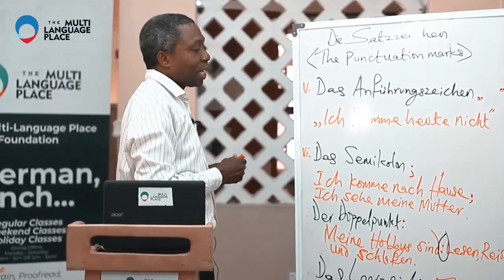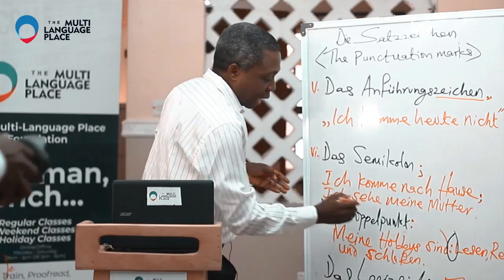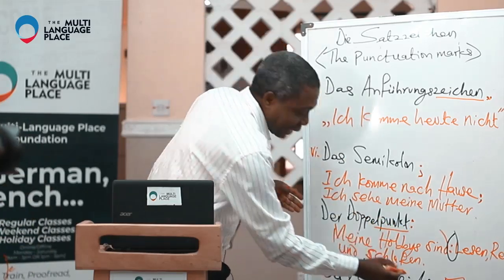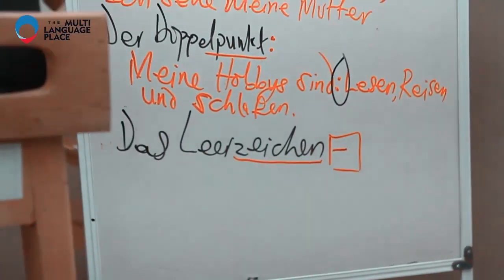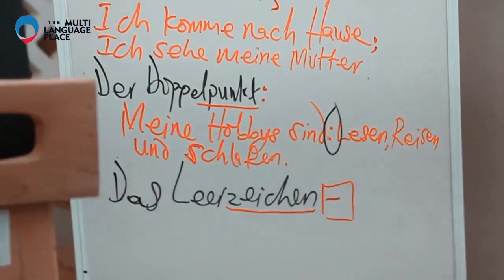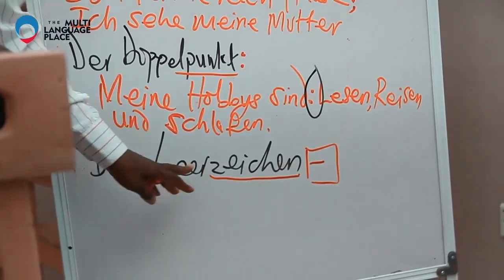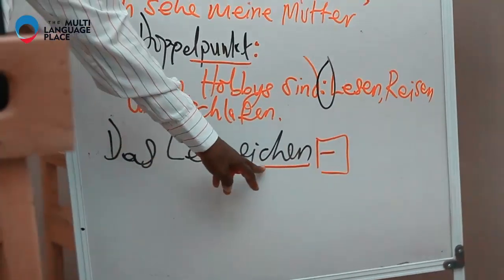And I want to show you something very important when you see all these words, and this is common to all German words. If you look here, you see Zeichen. If you look here, you see Punkt. And here you see Zeichen. If you check the gender of Zeichen, it's das. But then this Zeichen has another word here, Leerzeichen.